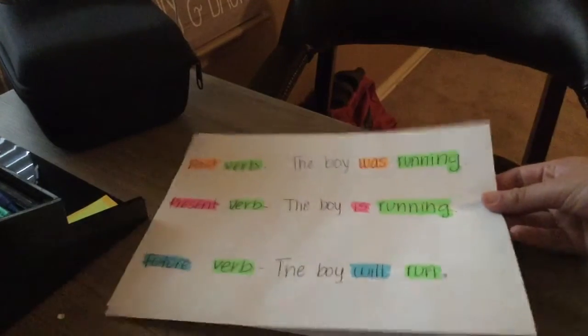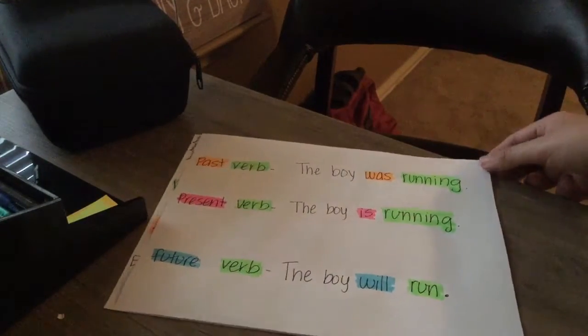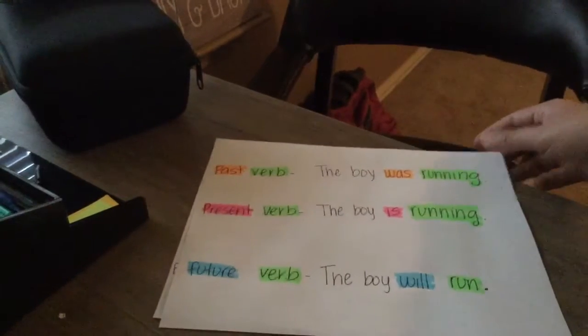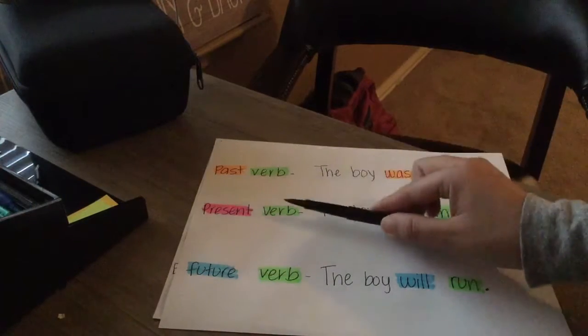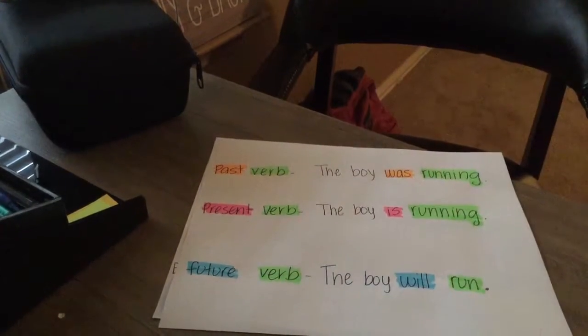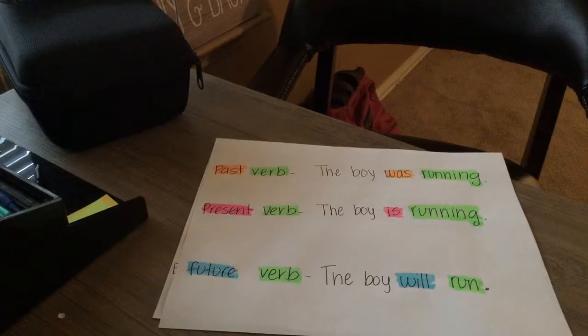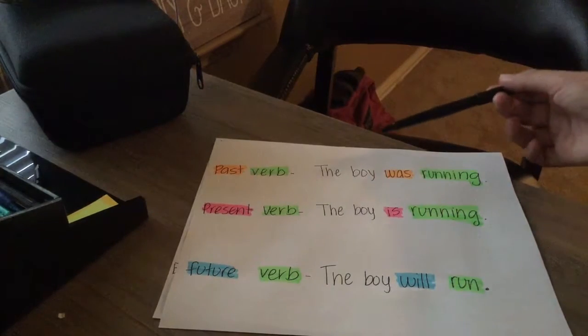Okay, now here are 3 different types of examples. Verbs can be described in 3 ways: past verb, present verb, or future verb. Okay, let's go ahead and read our first example.